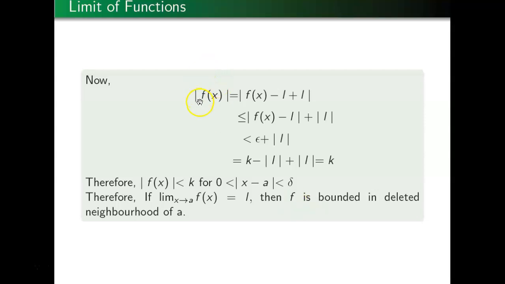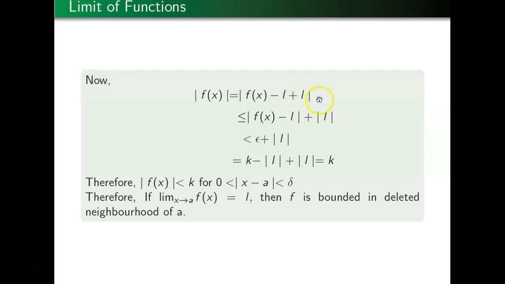Now we want to prove that function f is bounded in the deleted neighborhood of a. So we start with mod of f(x). Here, in mod of f(x), subtract L and add L. Now use brackets for these two terms and apply the triangle inequality. Say f(x) minus L is a, and this term is b.